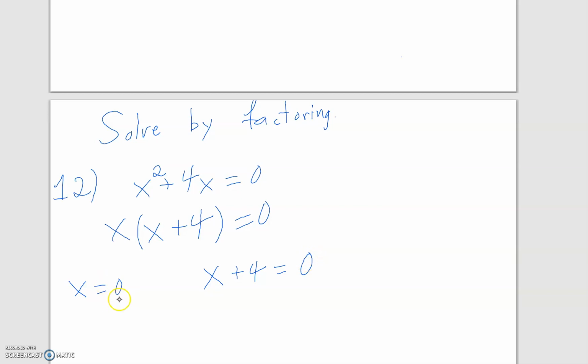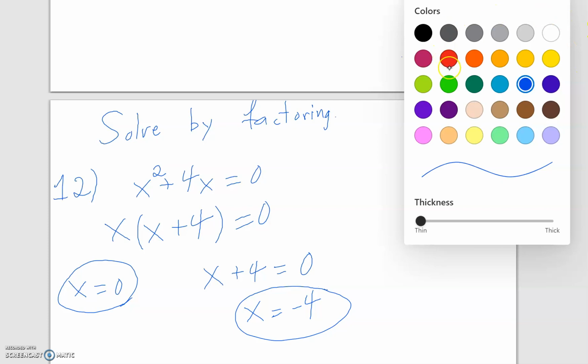The first equation gives me one solution for x. The second equation, this x plus 4 equals 0, I can solve this for x to get another solution. And now we are in fact done with this problem.